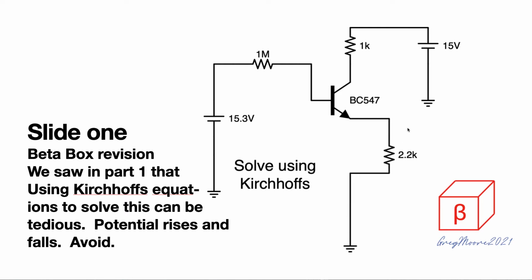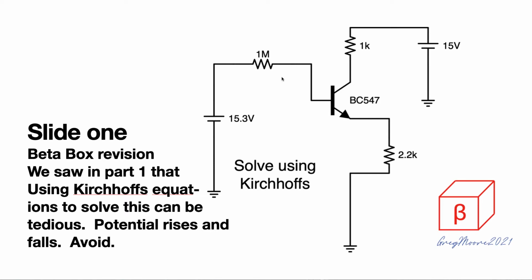And then you can transfer things from one side of the equation to the other, like the voltage, which we did, 15.3 minus 0.7 was 14.6, is equal to the voltage across him plus the voltage across him. If you can, avoid Kirchhoff's equations wherever you can and use the beta box.